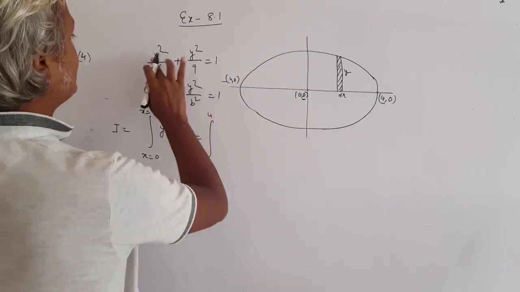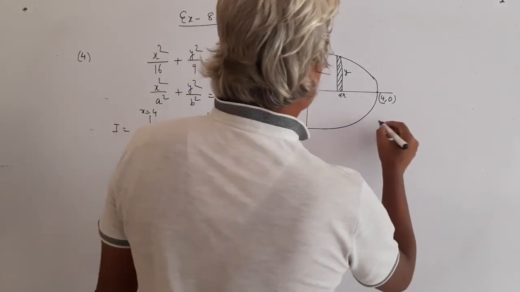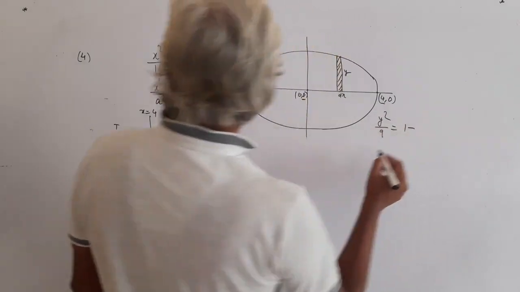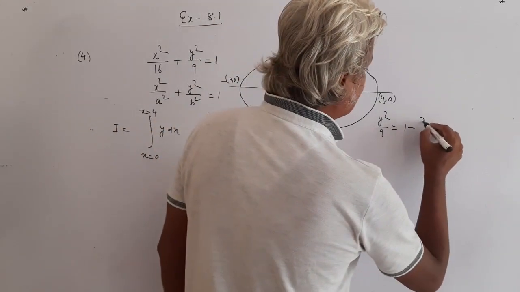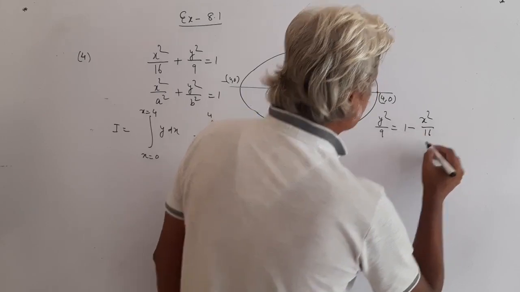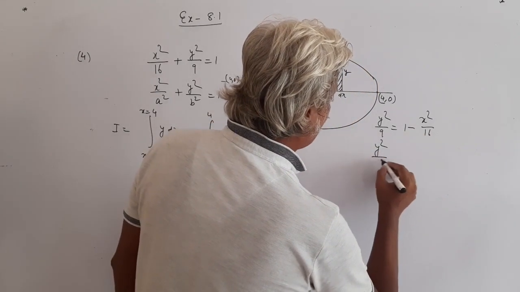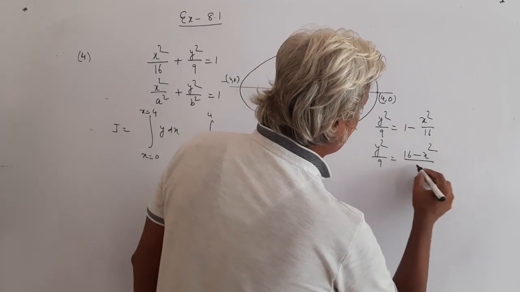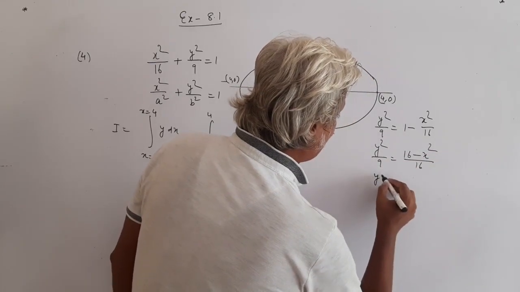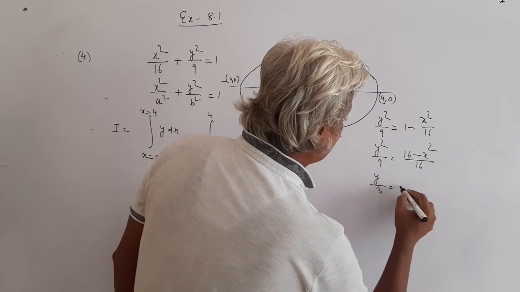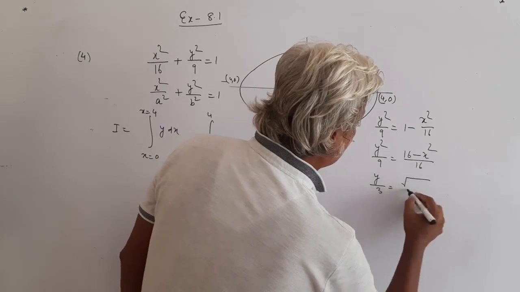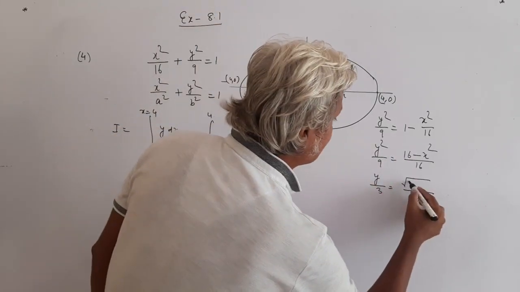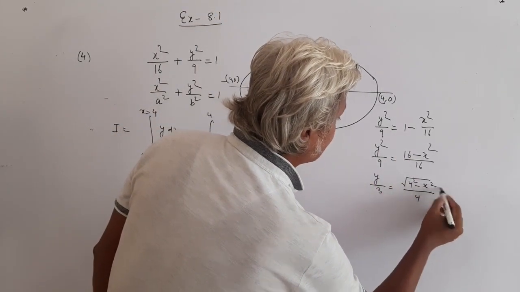What is y? Because I have to make y the subject. So y square over 9 is 1 minus x square over 16, so y square over 9 is 16 minus x square over 16. So y over 3 is under root, here I want to write this 16 as 4 square, minus x square.